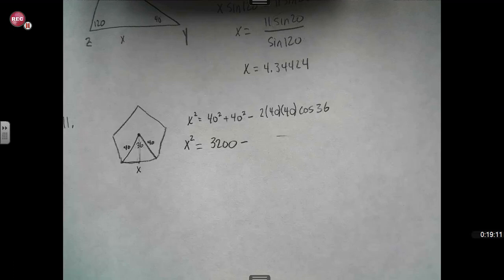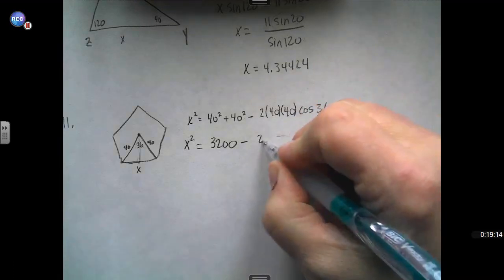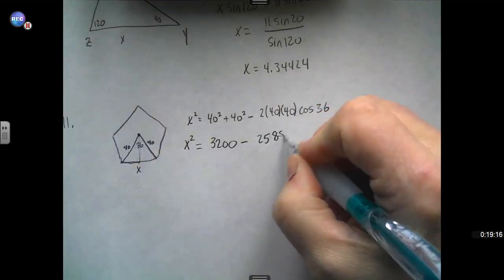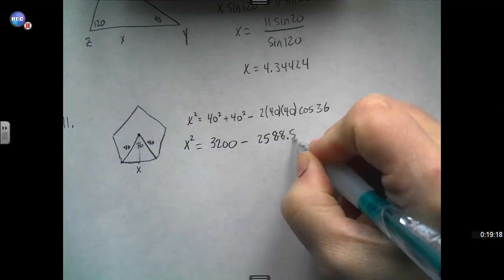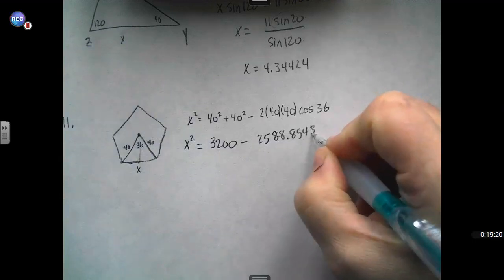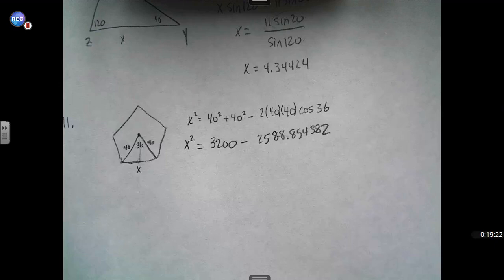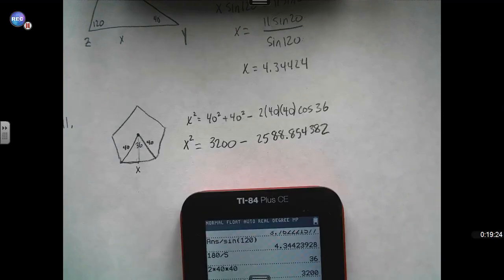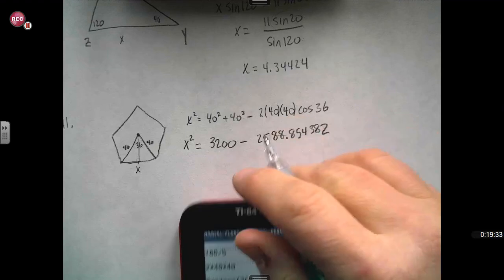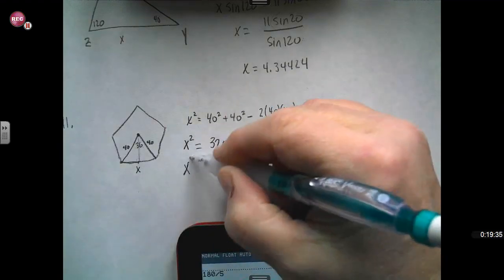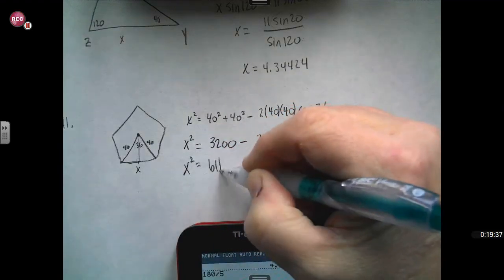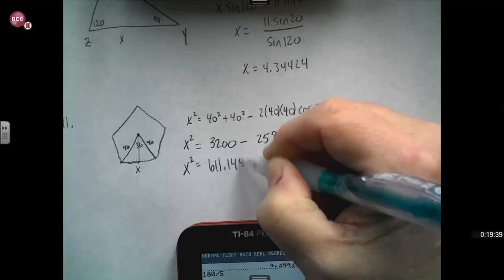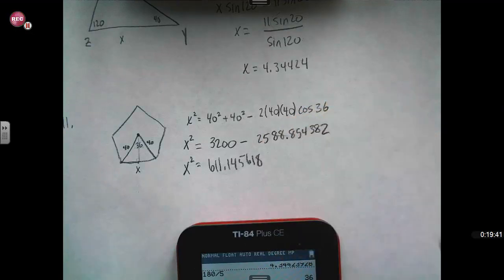And we get a large number, 2588.85438. But I'm going to take 3200 minus that. So I can just use the second answer key there, and I get that x squared is 611.145618.